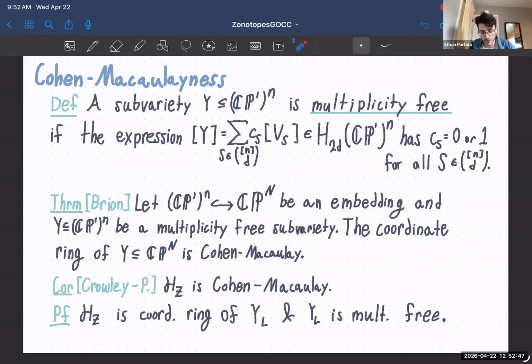It turns out the arrangement Schubert varieties are nice enough to apply Brion's theorem. And so I can just apply Brion's theorem and it gives me this giant algebraic geometric sledgehammer to see that this coordinate ring, which is the harmonic algebra, is a Cohen-Macaulay ring.